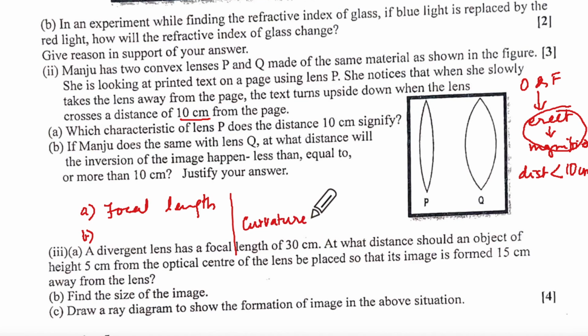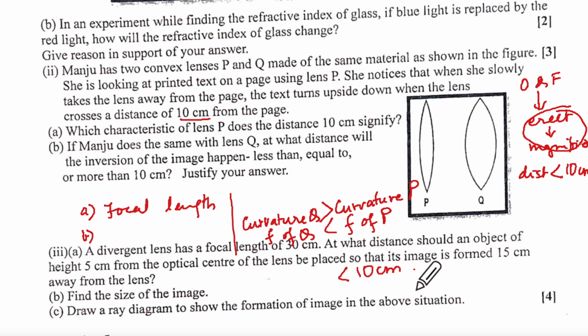The curvature of Q is more than the curvature of P, so the focal length of Q will be less than the focal length of P. Correct? Yes, ma'am. So this will be less than 10 centimeters.